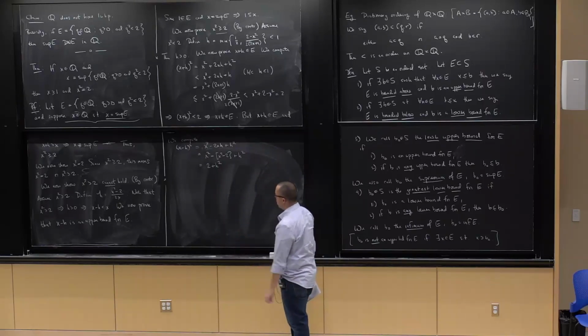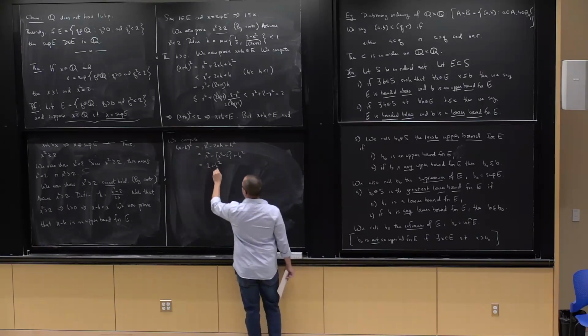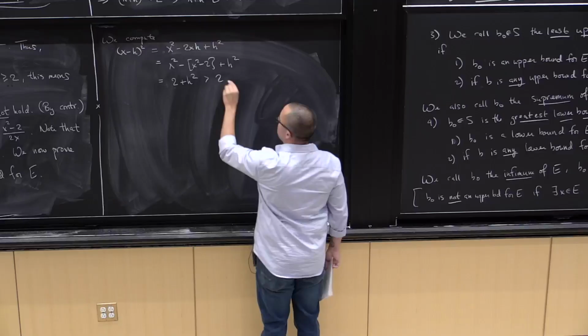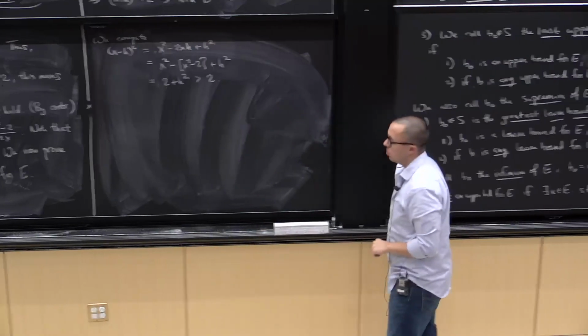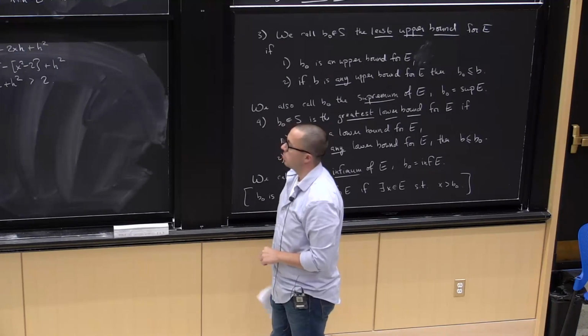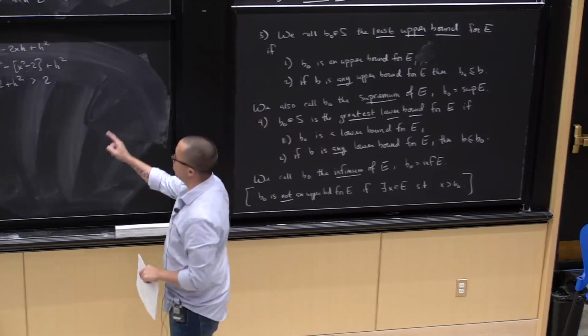Now remember, h is a positive number, so 2 plus a positive number is bigger than 2. Okay? So x minus h squared is bigger than 2.